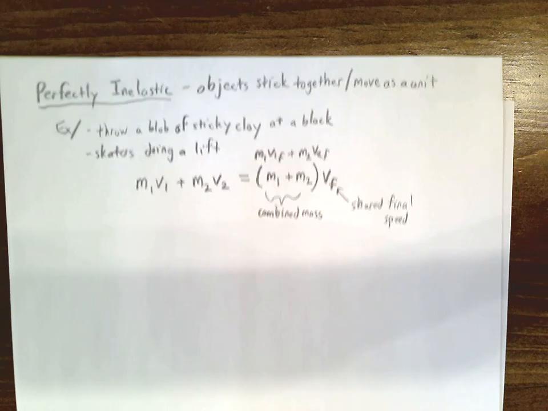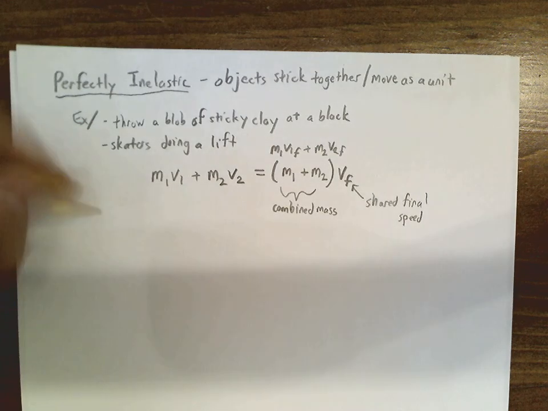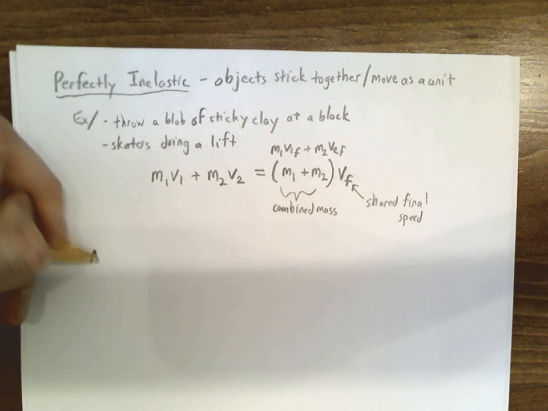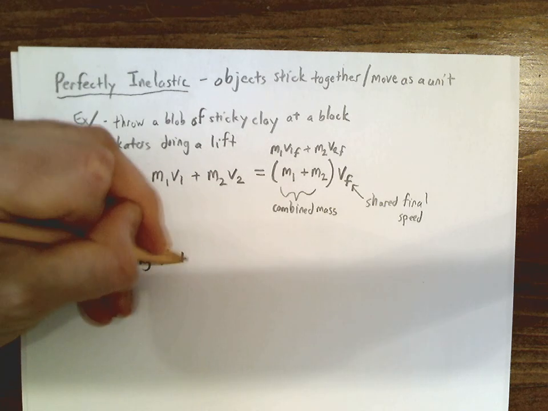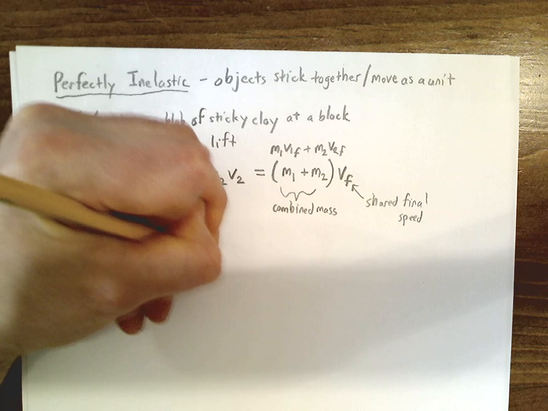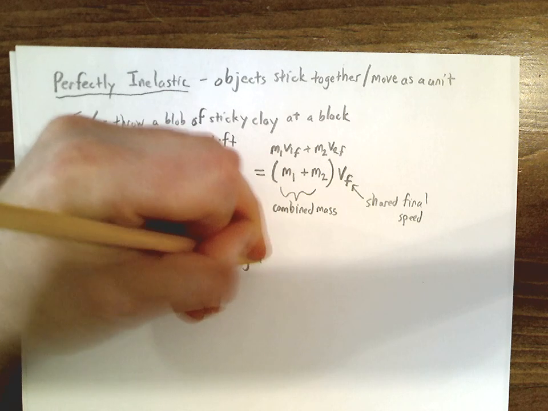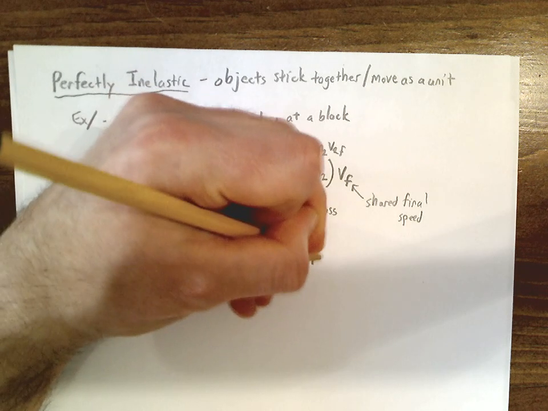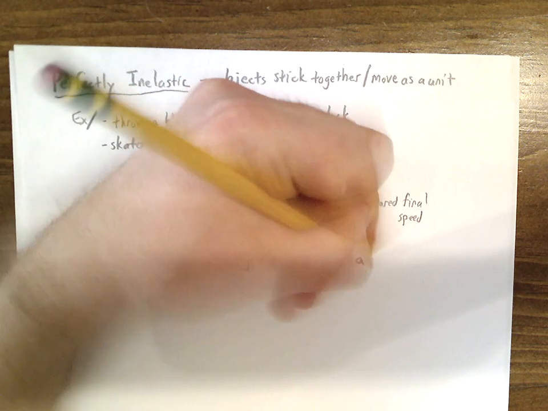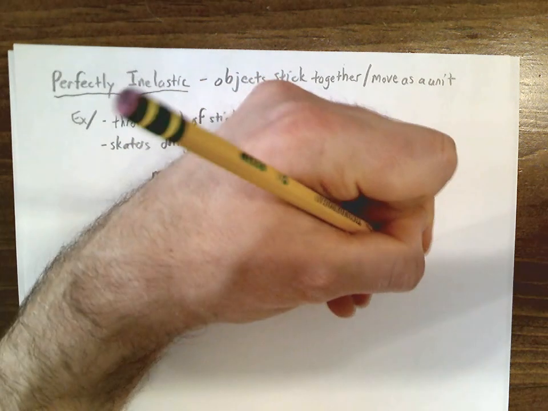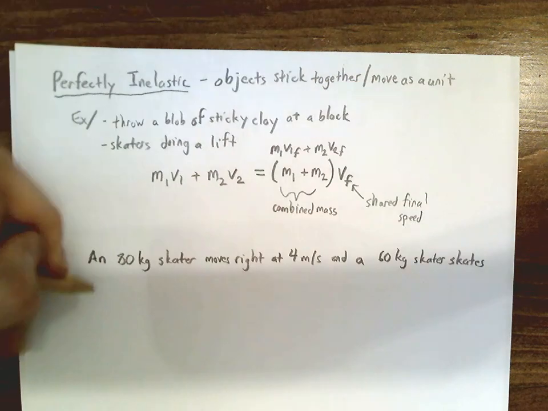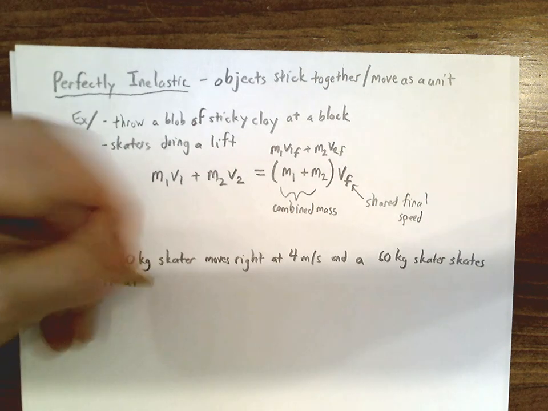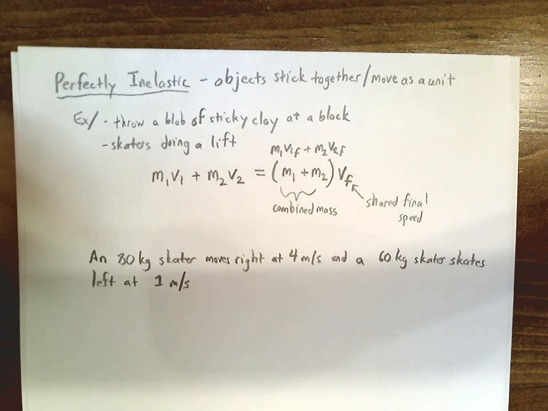So we can do a quick example of a perfectly inelastic collision. Let's say we have an 80 kilogram skater moves right at 4 meters per second, and a 60 kilogram skater skates left at 1 meter per second.